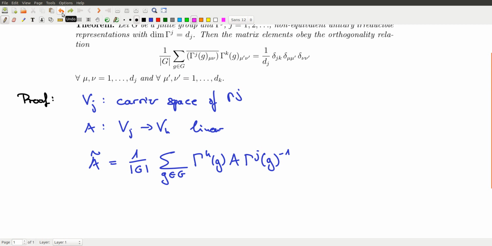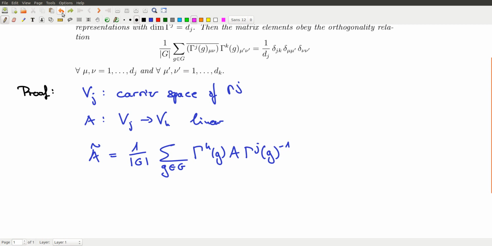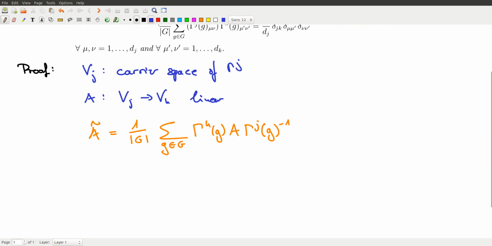So what happens when we multiply this with, let's say, one of the representation matrices? So let's look at this. Pick any h in G, take gamma k of h and multiply with A tilde.